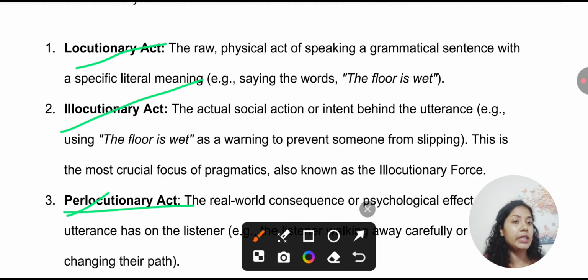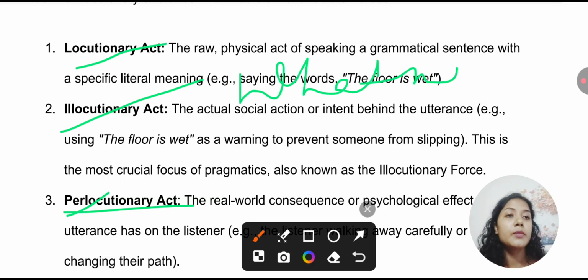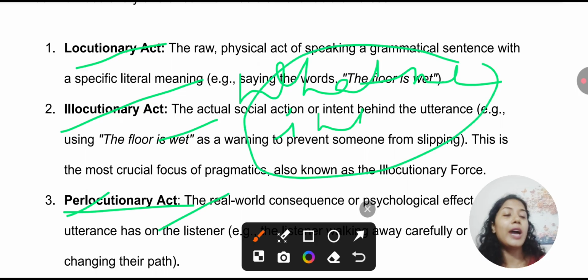So locutionary, as we just revised in the previous slide, is what we say or said. Illocutionary is whatever you say, and by which intention, the reason or intention behind what you are saying. And perlocutionary is the effect or impact on the listeners of whatever you have said.